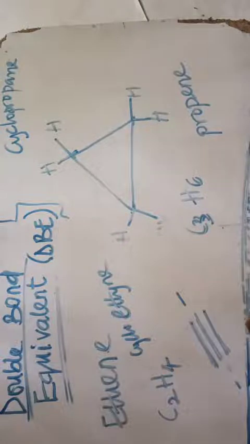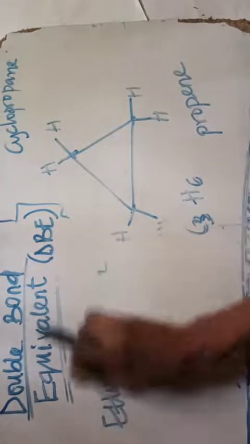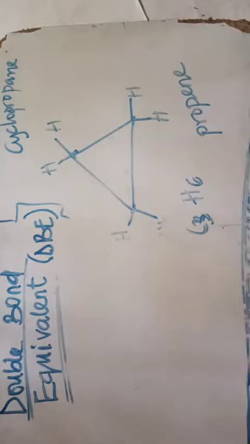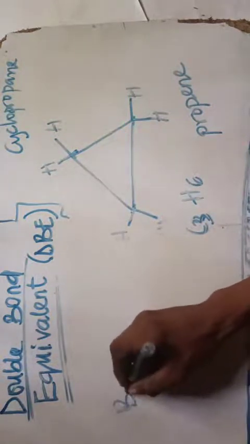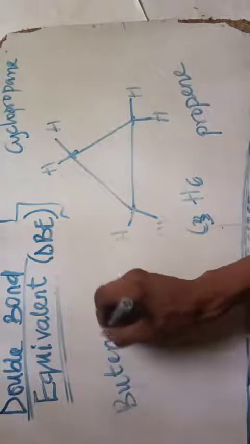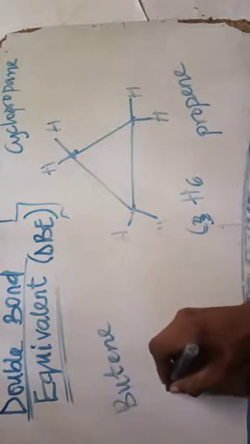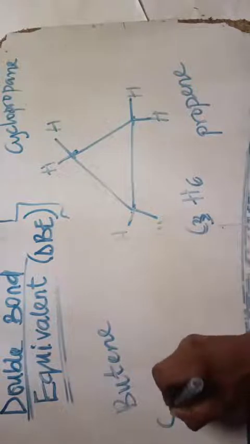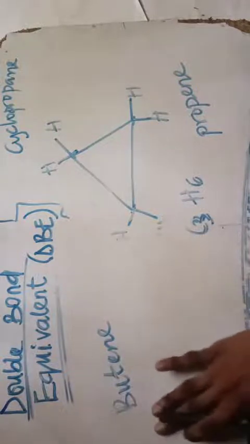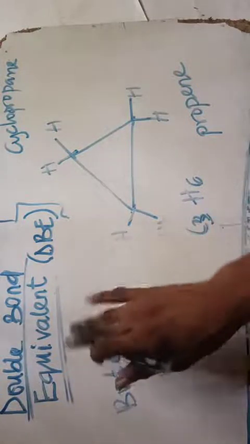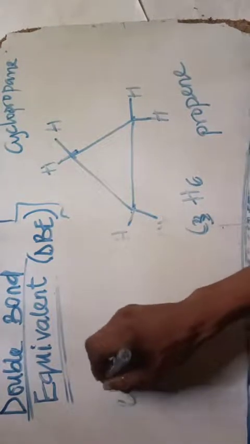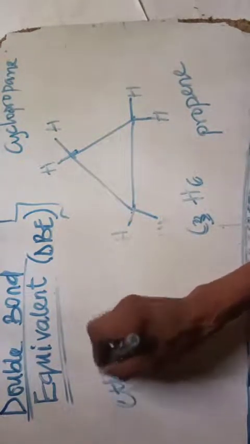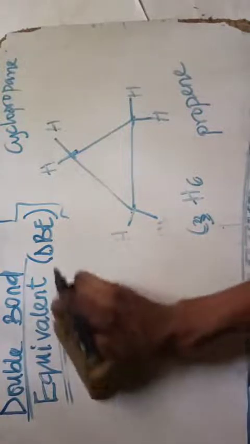Now you can see, for example, if it's not clear, it's like this. Let me talk about butane. So butane is what? C. For example, the previous one I just cleaned, which is ethane, you have it as C2H4, that is a double bond.